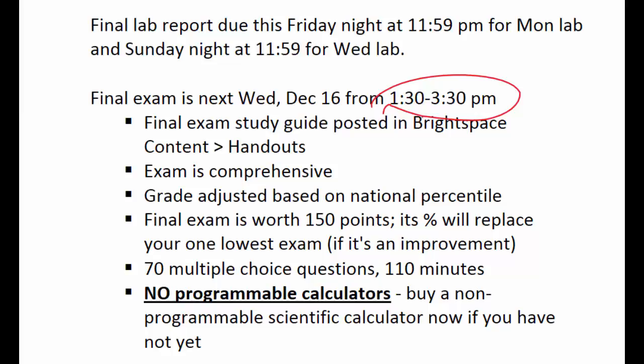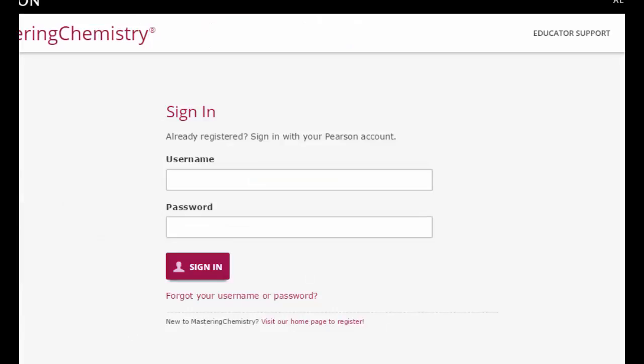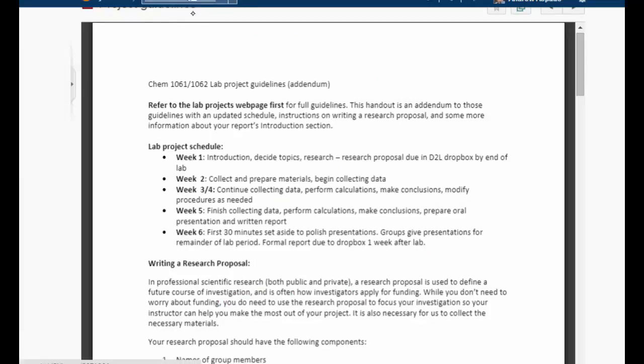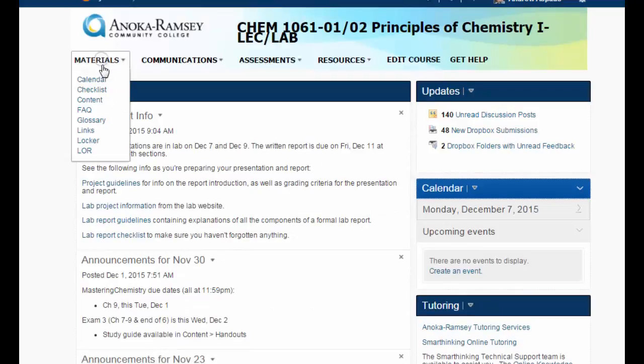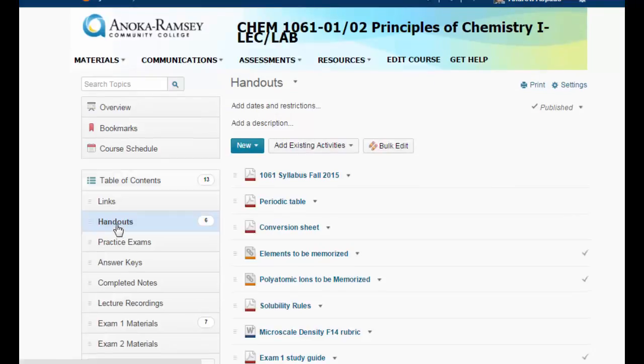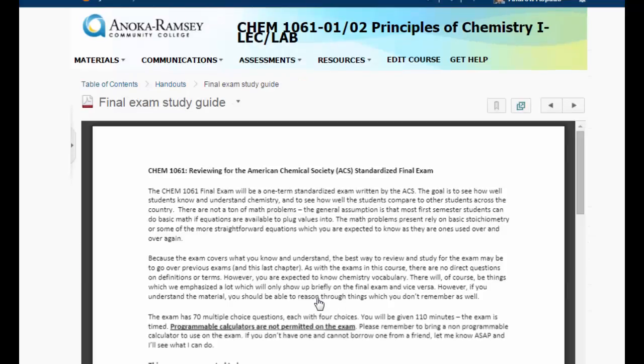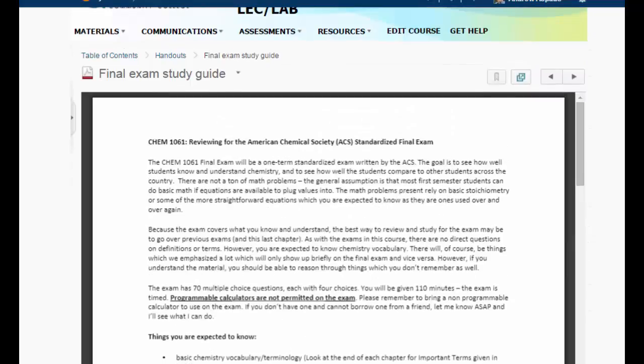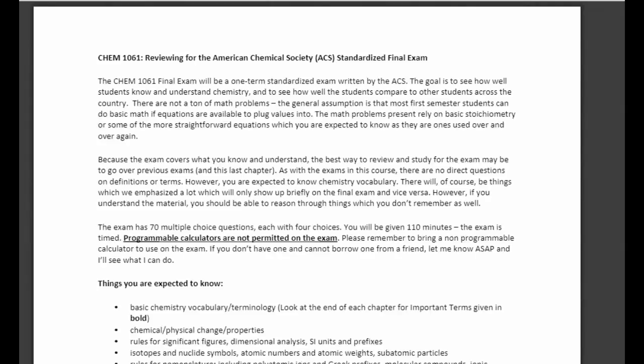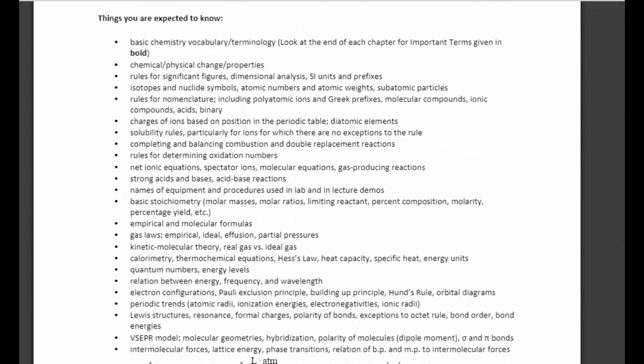So let me show you those project guidelines. Let's go back to content and handouts, and we now have the final exam study guide right here. So make sure to carefully look through this. It has a list of topics.